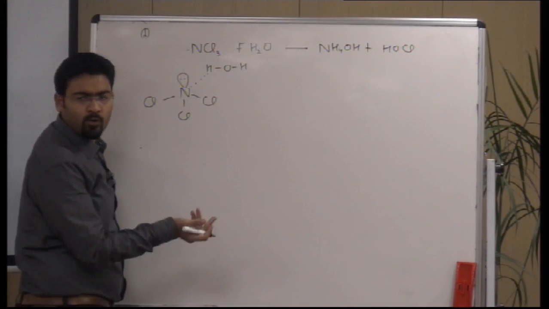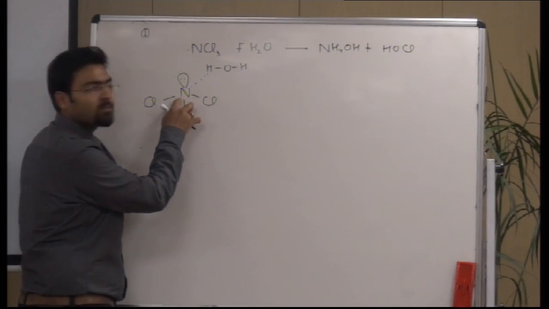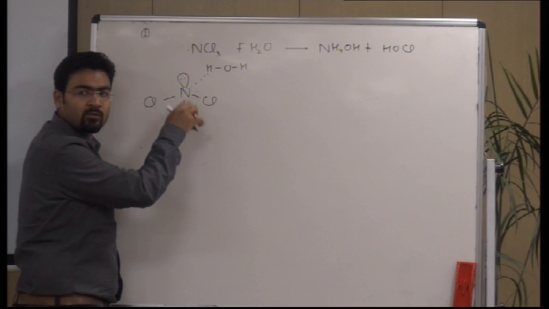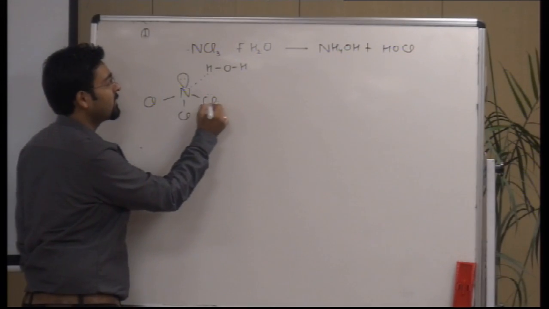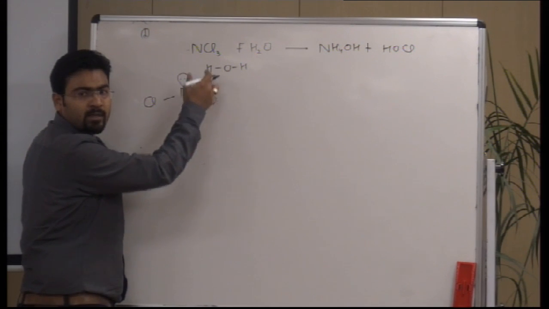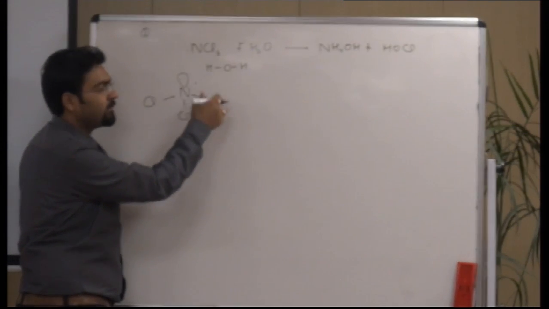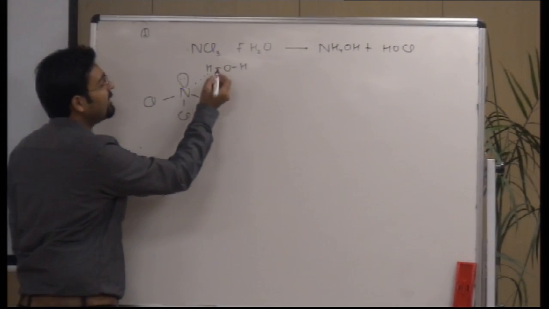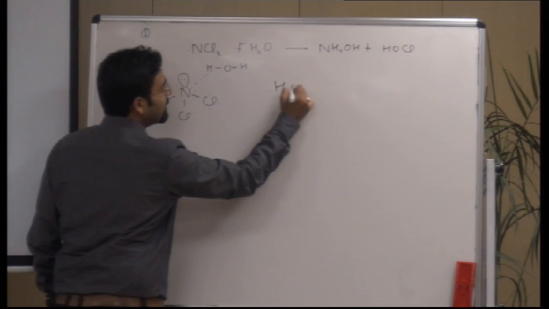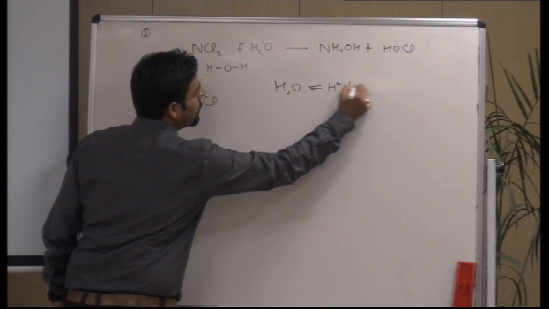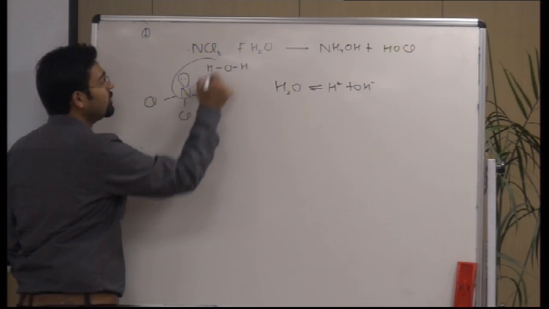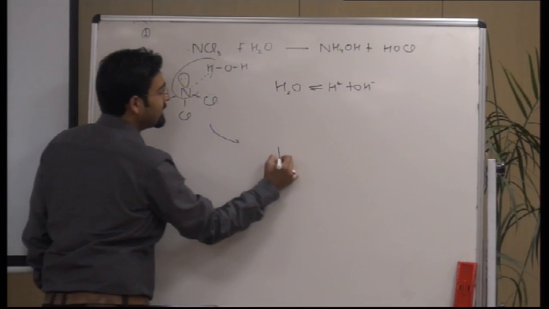And moreover, because of the smaller size of the nitrogen atom, the electron charge density on nitrogen will be higher than that of chlorine. So the hydrogen will be more attracted to the nitrogen than to the chlorine. Or I can say that H2O partially breaks down into H plus and OH minus, which is called self-ionization of water. So the H plus will come to nitrogen, or I can say that this can get protonated.